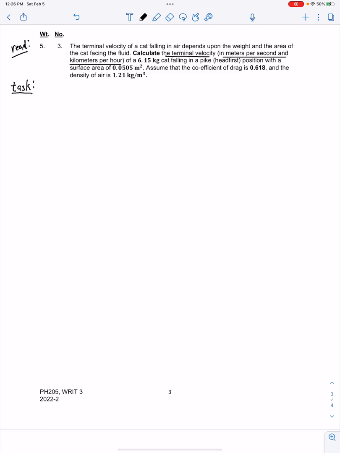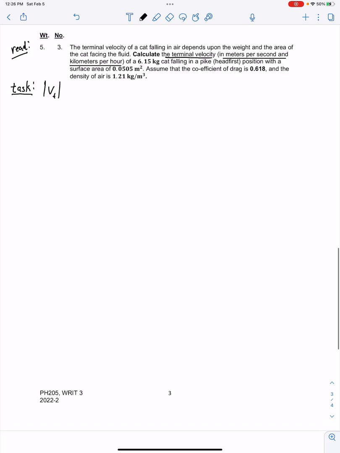So right here, that is our task. We are looking for the magnitude of that terminal velocity, so we'll put in absolute value symbols to indicate we're looking for the magnitude. It's the terminal velocity we're looking for: how fast this cat falls when it's just in free fall, which is okay because I'm a dog person.